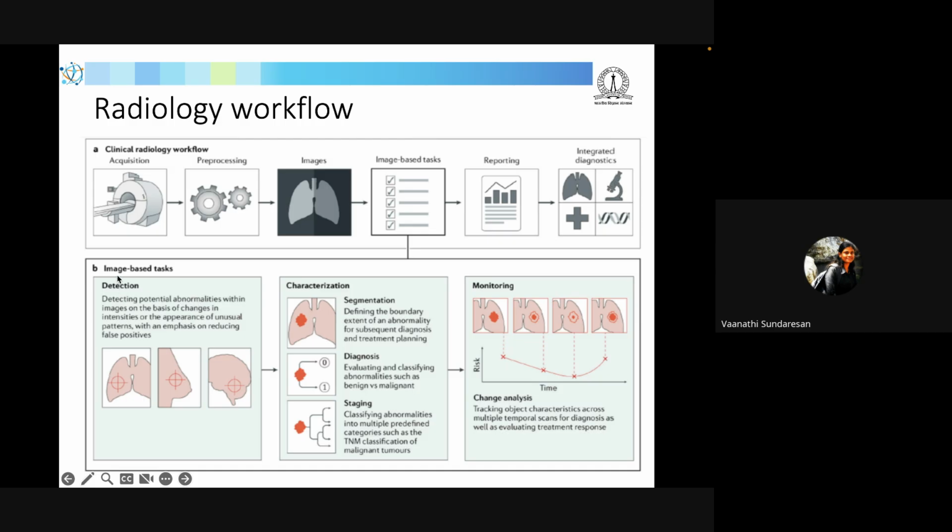Now coming to the image based tasks, what can they entail? There can be detection tasks, which say that this image is normal, coming from a healthy subject, and this image has some abnormality or anomaly in it. So things like detecting where the lesions are on a very broad scale. And then characterization, where you are pinpointing, going deeper.